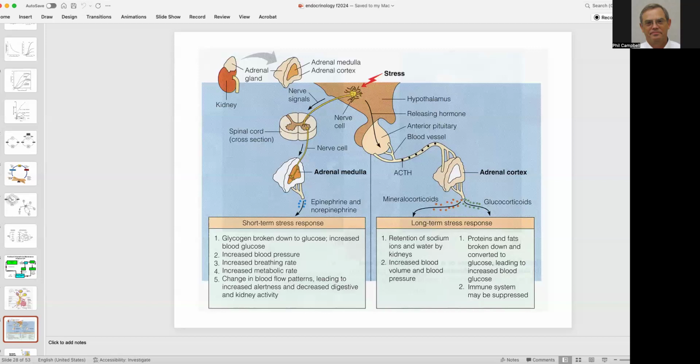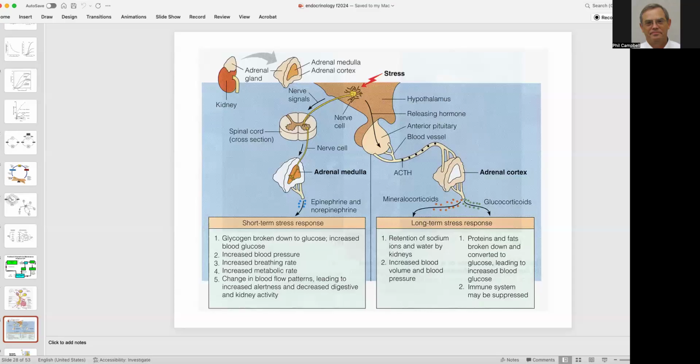So when the hypothalamus is stimulated, there will be nerve impulses that will eventually get to the medulla, and it will release your catecholamines, epinephrine, norepinephrine, your sympathetic nervous system neurotransmitters, and they will stimulate your sympathetic nervous system, increase heart rate, increase cardiac contractions, etc. That's your fight or flight syndrome we talked about earlier. That's your adrenal medulla. So there's a hardwired hookup, if you will, between the hypothalamus and the medulla.